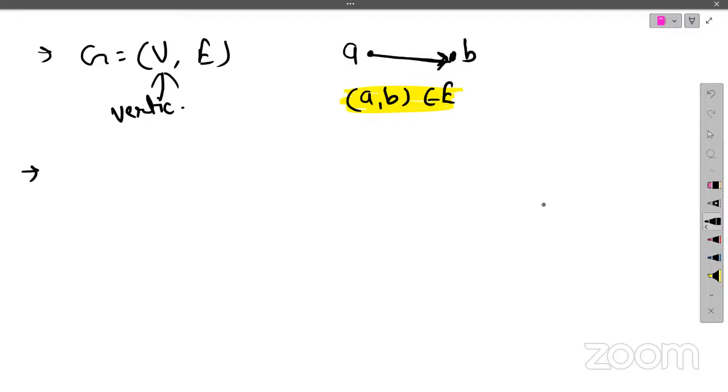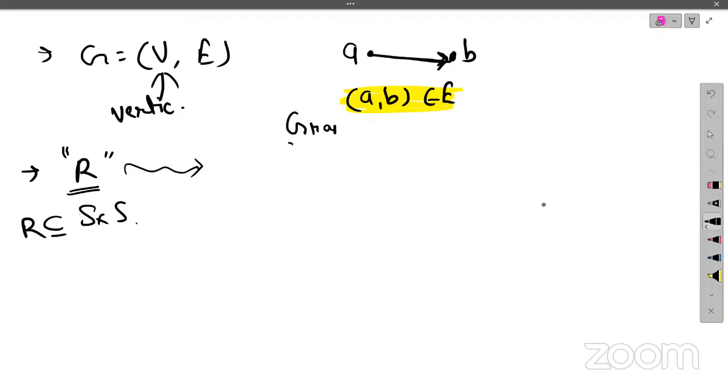Now suppose you have a relation R. Using this relation, we can actually form a graph. How will we form a graph? Suppose R is a relation and it is a subset of S cross S. To formulate this relation in terms of a graph, we have to consider two things: the set of vertices and the set of edges.